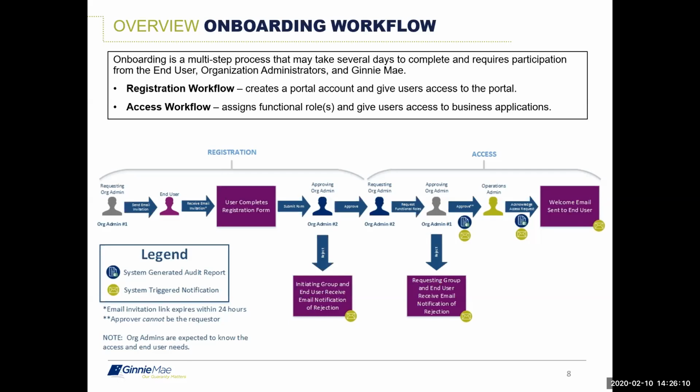Once that administrator approves the request, they're going to make a request for you to get access to GinnieMae business applications, what we call functional roles. So that administrator is going to request a functional role based on your business functions, and then another organization administrator is going to approve that request so that it can go to the operations administrator at the Bank of New York Mellon, who will provide final approval.